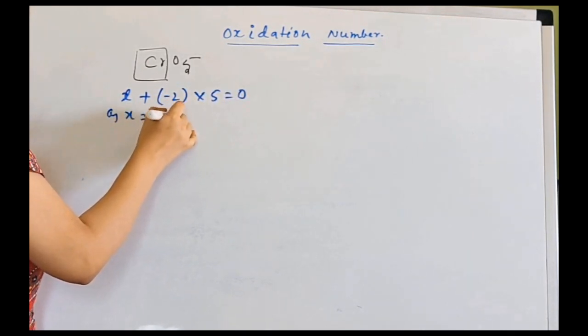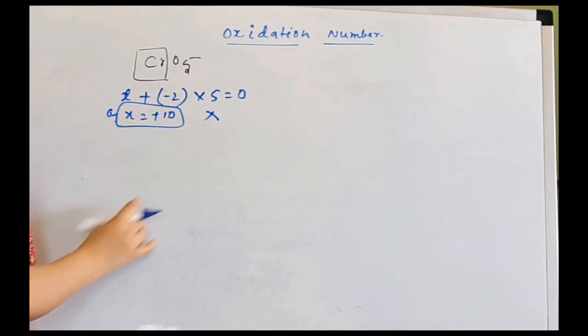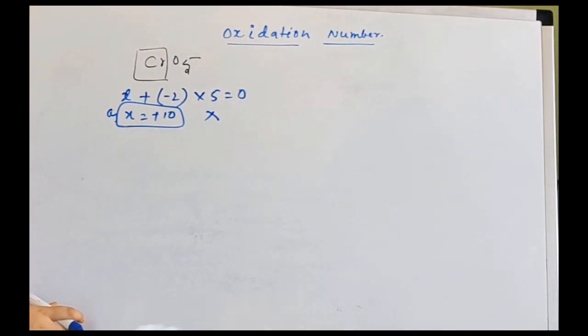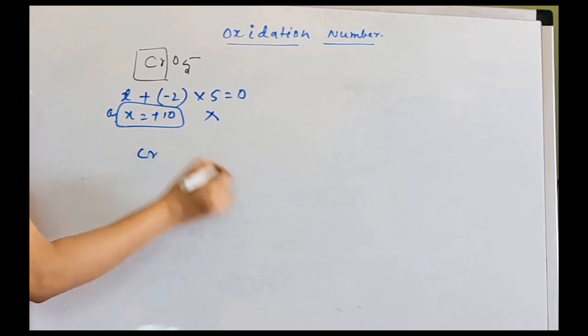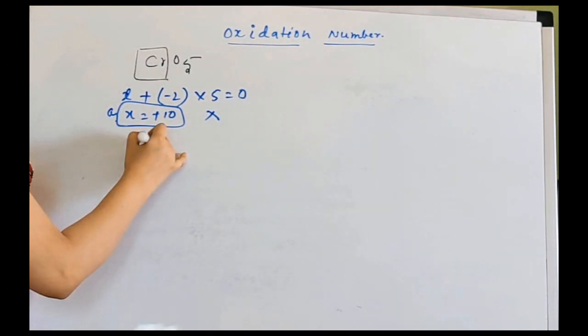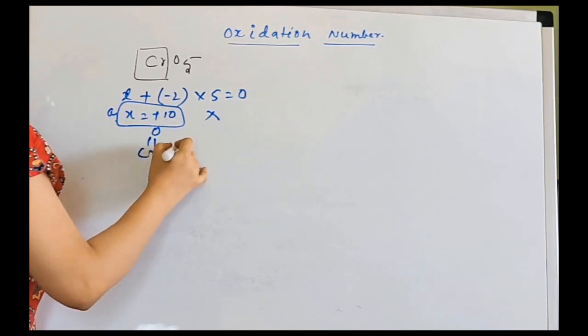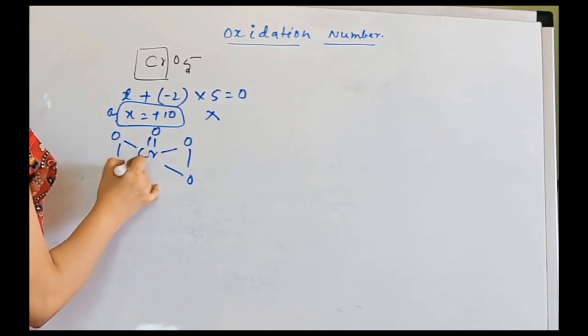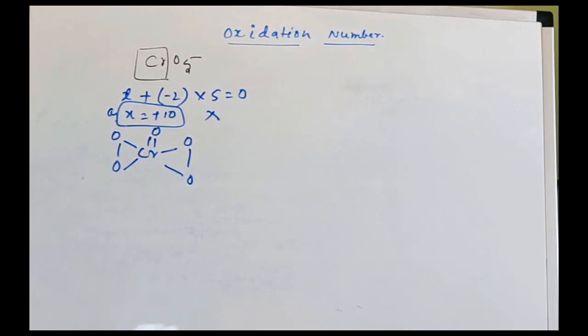So here x equals plus 10. But it is wrong. The oxidation number here depends on the structure of CrO5. So let's see the actual structure of CrO5. Cr double bond O, and O, O, O, O. This is the structure of CrO5.